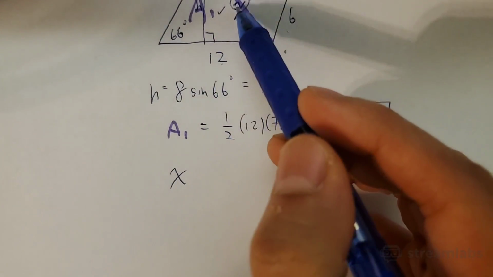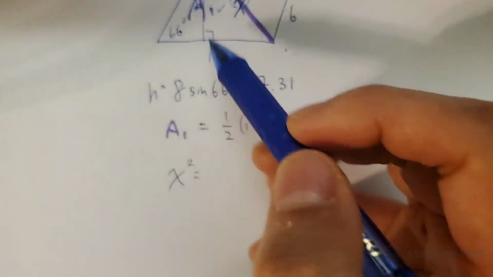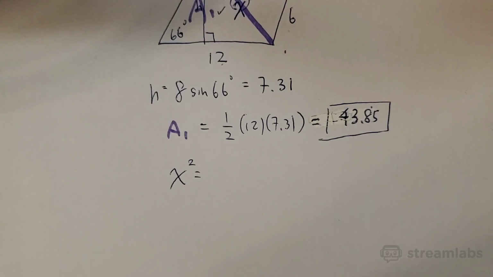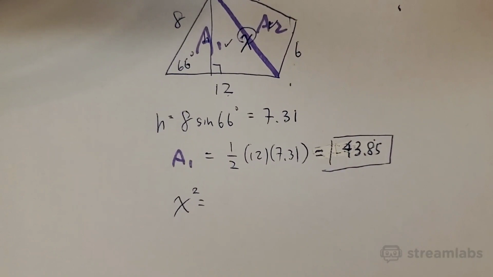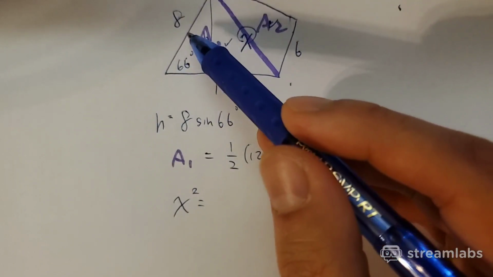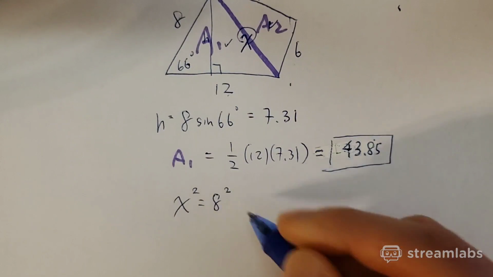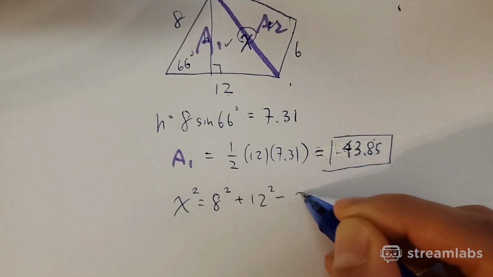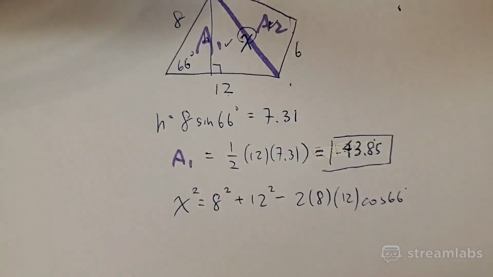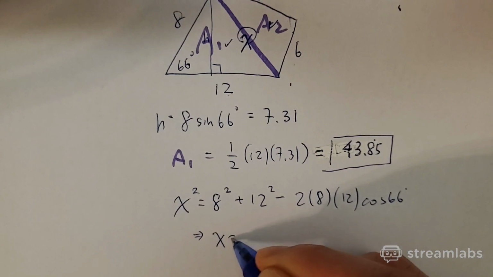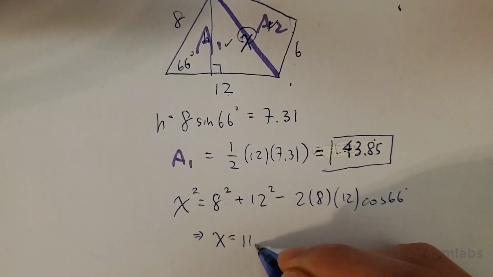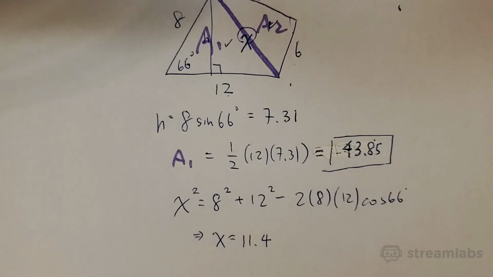The law of cosines says x squared is equal to this square plus this square minus 2ab cosine of that angle. Right? So x squared equals 8 squared plus 12 squared minus 2 times 8 times 12 cosine 66, which turns out x, after you solve for it, to be 11.4.